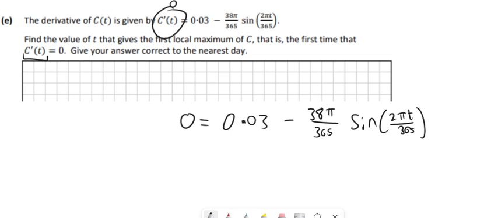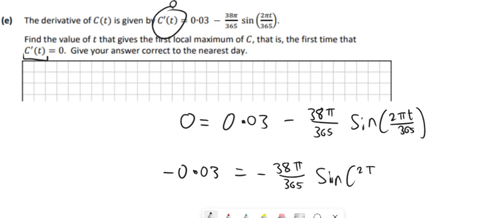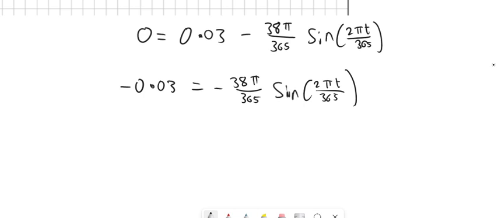So I'm going to bring that 0.03 over to the other side. So minus 0.03 is equal to minus 38 pi over 365 sin of 2 pi t over 365. Then I'm going to bring over all of this, basically this minus 38 pi over 365, and divide it over the other side.